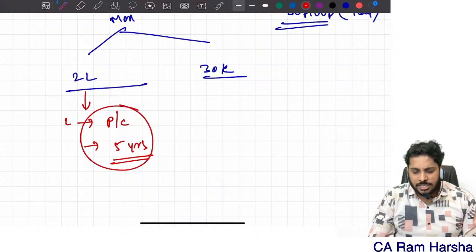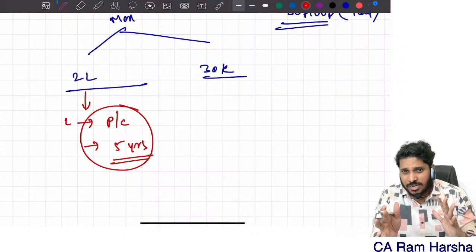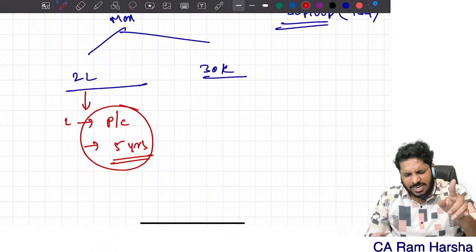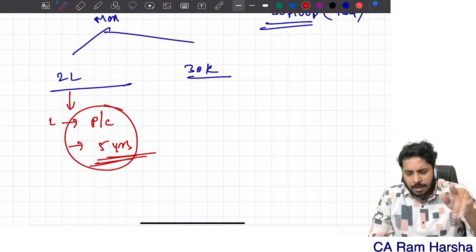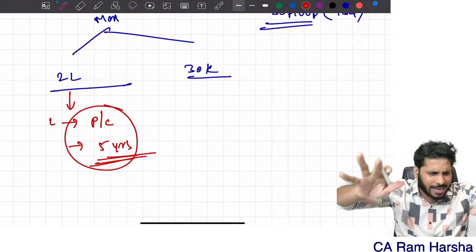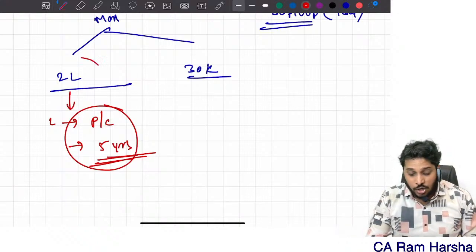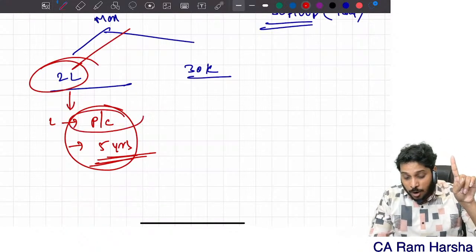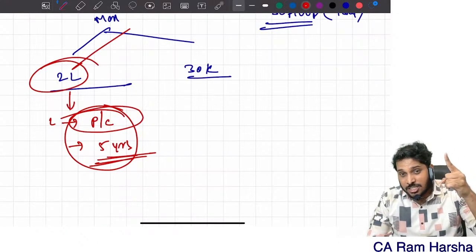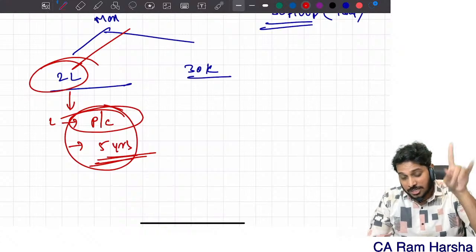If these two conditions are satisfied, 99.99% of the problems will be there only. The 2 lakhs limit applies: the loan is borrowed for purchase or construction.